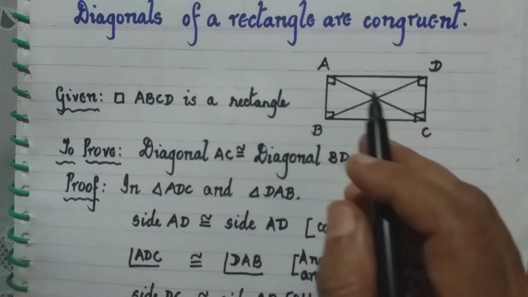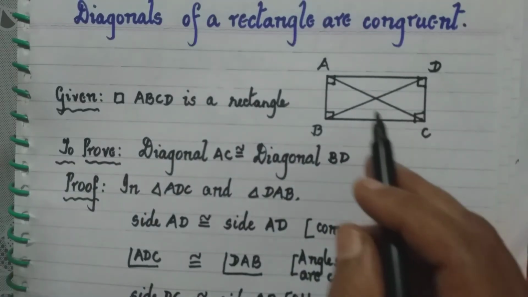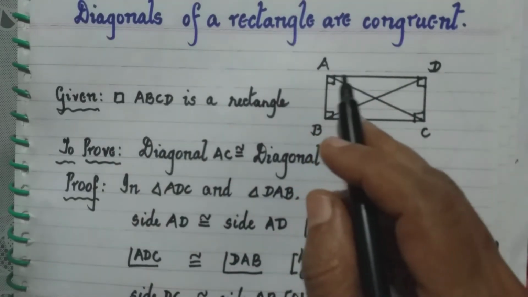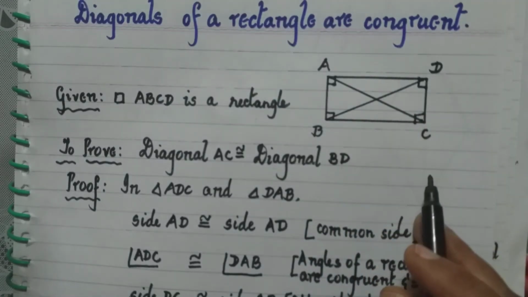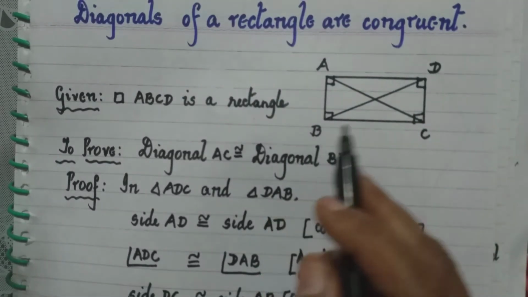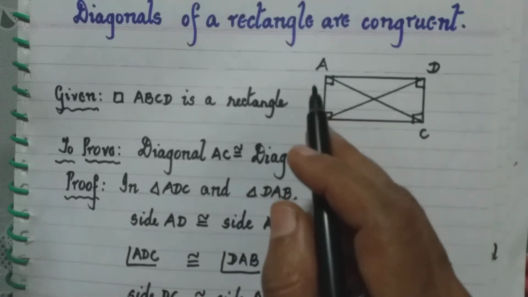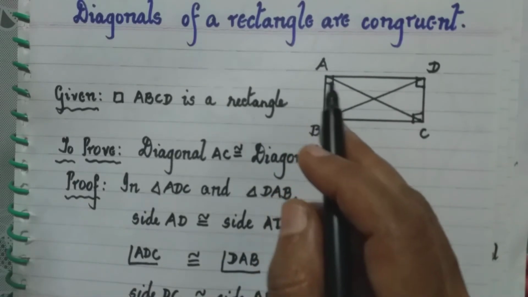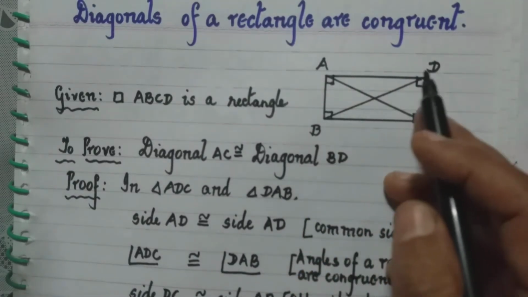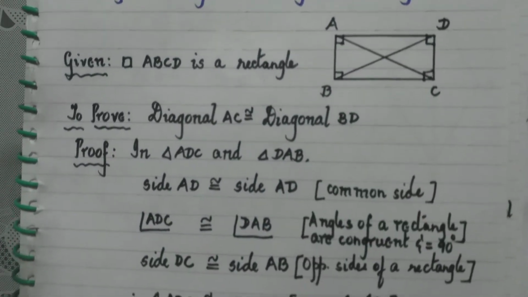Now, if they are congruent by the SAS test, again let us look at the figure. We will see that this side AC will be the side of triangle ADC, and the corresponding side in triangle DAB is side BD. Therefore, side AC is congruent to side BD.